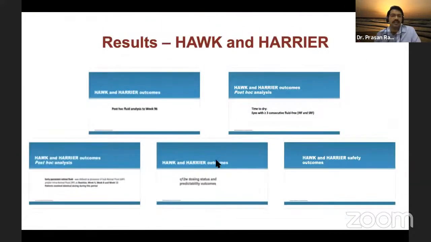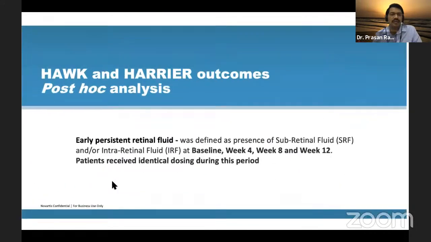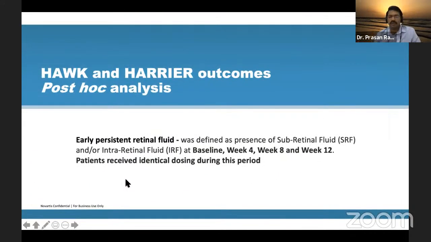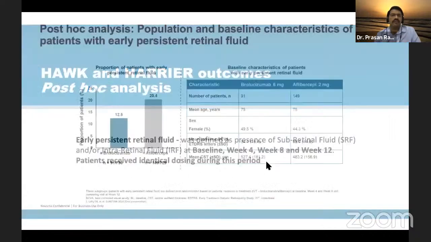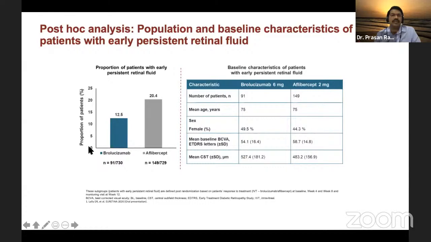Let's try to look at eyes which had early persistent subretinal fluid. What happens is when you treat these patients and they have persistent subretinal fluid, this was defined as the presence of fluid at baseline, week 4, week 8, and week 12, and the patient received identical dosing with brolucizumab and aflibercept. At week 16, you can see that brolucizumab had fewer number of patients to start with as compared to aflibercept.